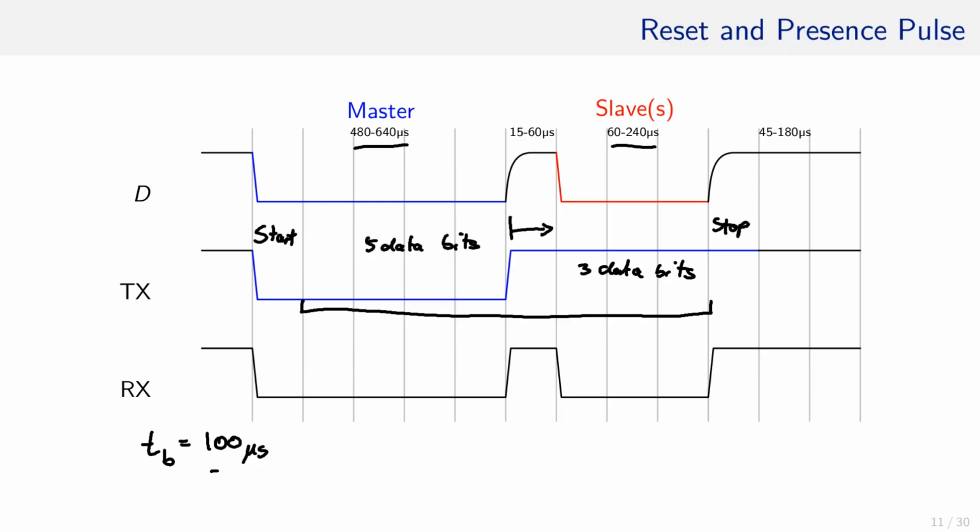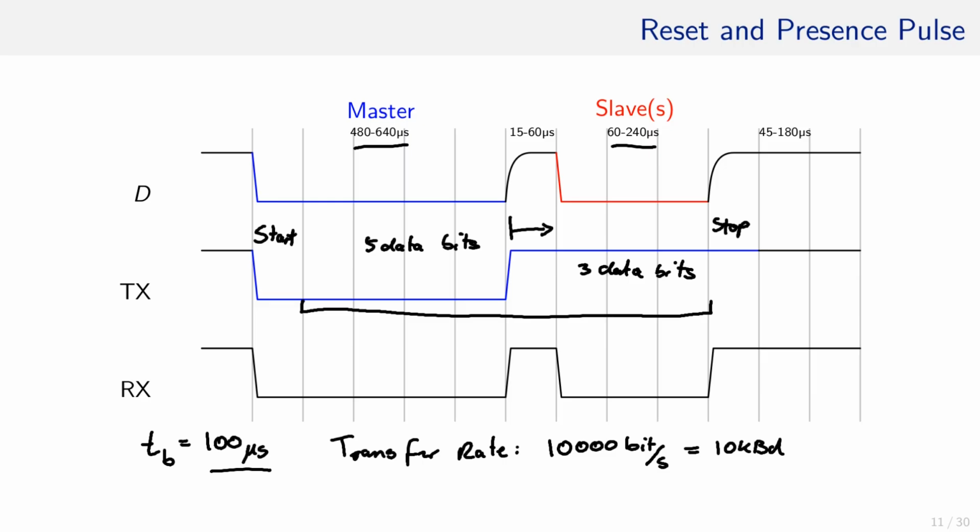A bit length of 100 microseconds means that the transfer rate is 10,000 bits per second, or 10 kilobaud.